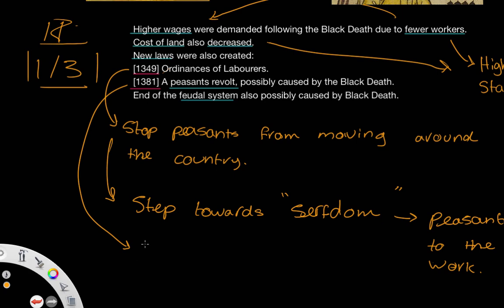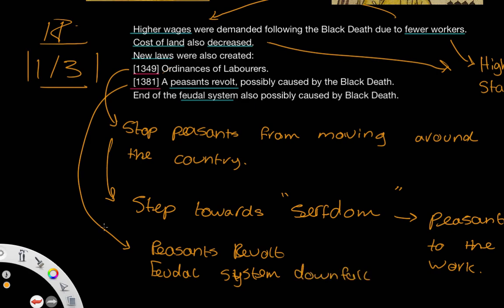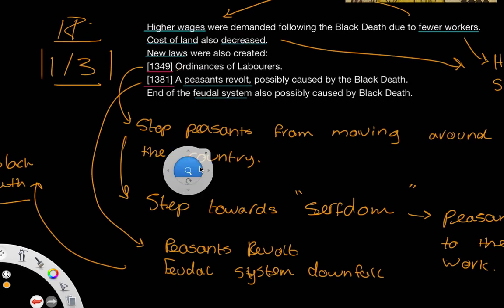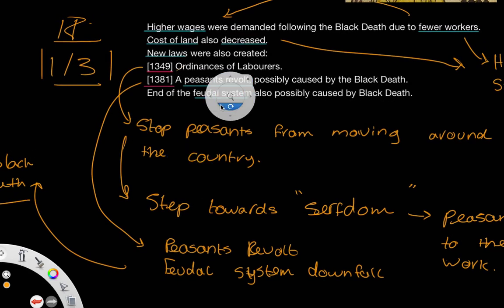And people believe that the Peasants Revolt and the downfall of the feudal system, shall we say, came about all because of the Black Death. All because of the intense social changes that came from this incredibly violent and incredibly destructive disease.